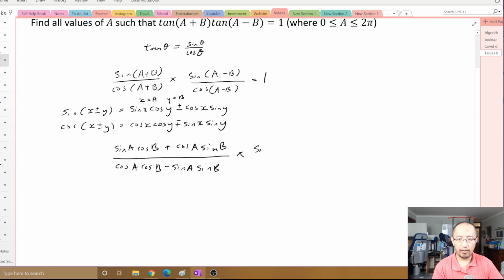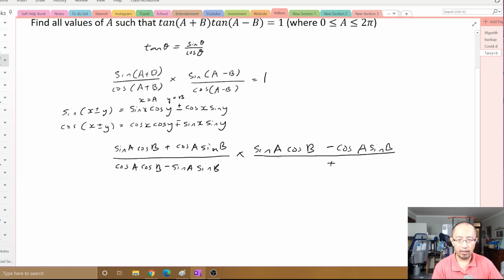So it's sine A cos B, because it's a minus here, it'll be a minus here as well, minus cos A sine B. And then the bottom is going to be, it's a minus here, so it'll be a plus here.